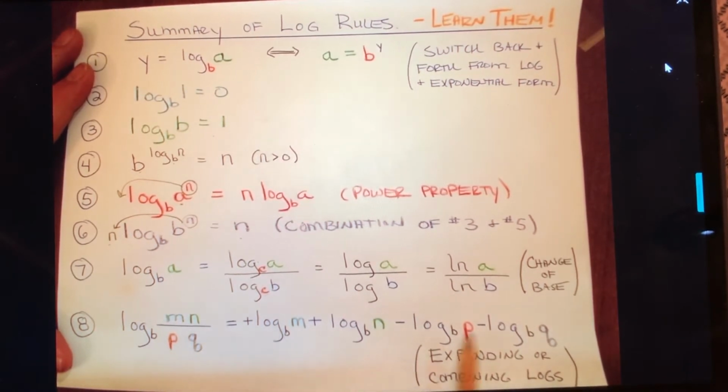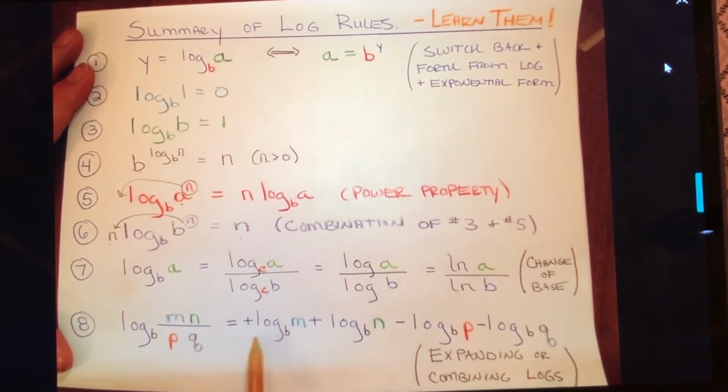This bottom rule is called expanding or combining logs. Again, this is very powerful. We use this a lot when we're solving equations. Basically, it allows you to take a single log and break it up into the addition or subtraction of multiple logs. And just like you could go from a single log into an expanded log, we could do the reverse as well.